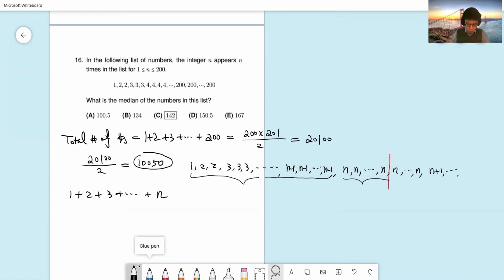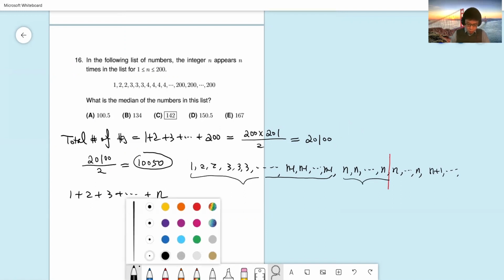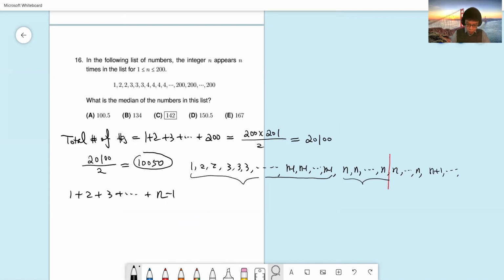If we add all numbers from 1 to n minus 1, this equals n times n minus 1 divided by 2. This should be less than this number. Or maybe this red line is at the boundary of n minus 1 and n.